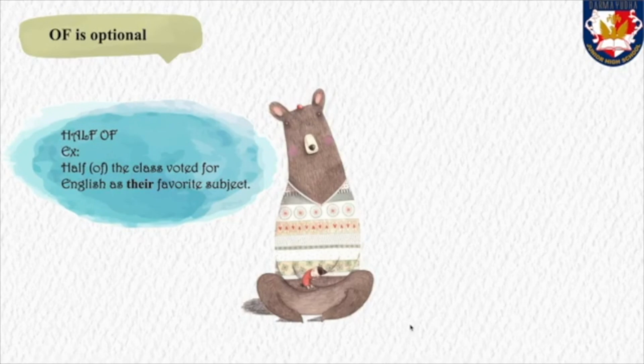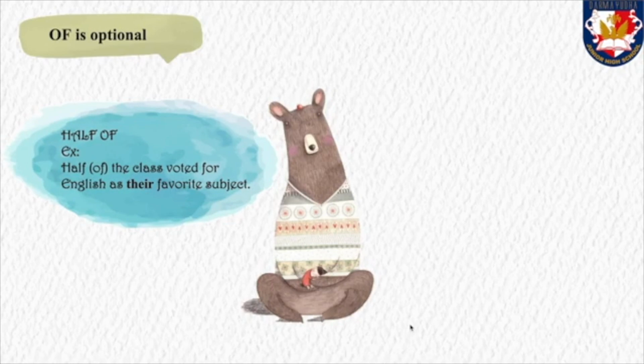In the sentence, half of the class voted for English as their favorite subject. Or, in the sentence, you may also erase the preposition of, become half the class voted for English as their favorite subject.